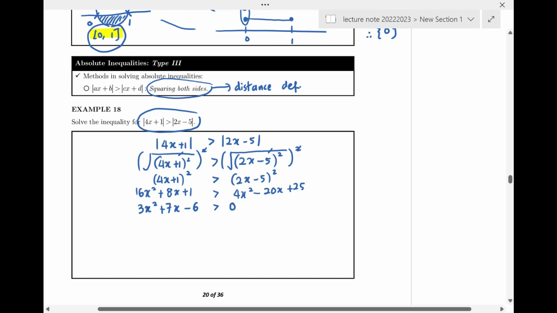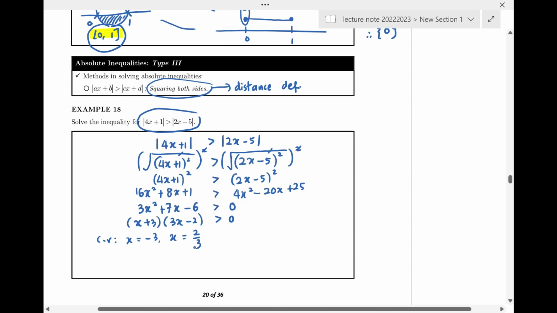Here it is positive, no problem. Then we have to factorize it: x plus 3 and 3x minus 2 greater than 0, with our critical values x equals minus 3 and x equals 2 over 3.